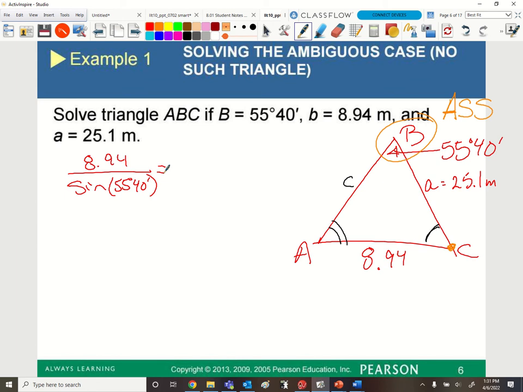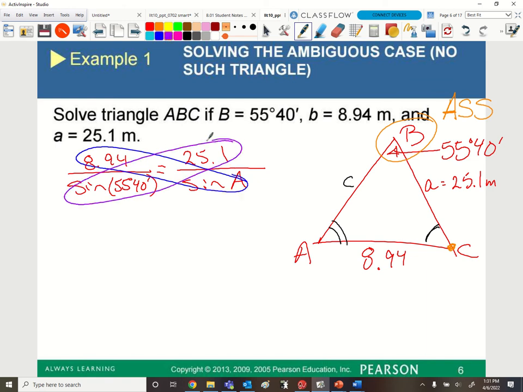So it's going to be 25.1 over sine of big A. Yes? Okay. So let's keep going. So I'm going to do my cross products. I'm going to do the steps for all those people that decided not to show up recently. So cross products there.